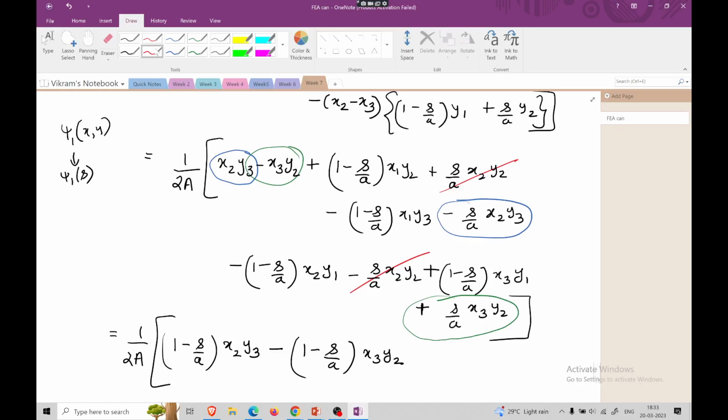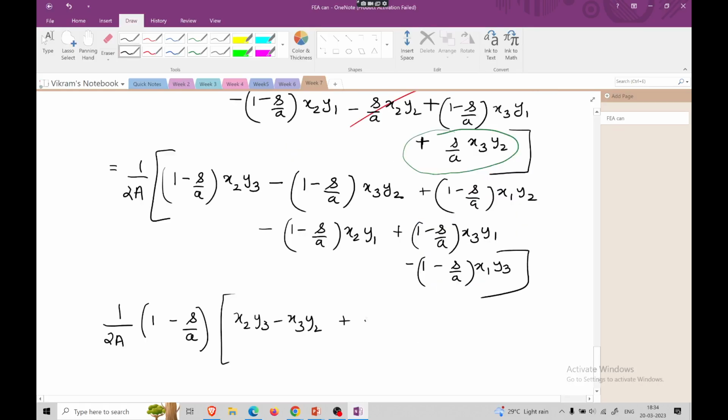Okay, so my 1 minus s by a is very common, so I take that outside. What I am left with is x2 y3 minus x3 y2 plus x3 y1 minus x1 y3 plus x1 y2 minus x2 y1.